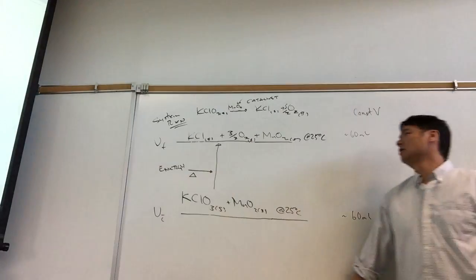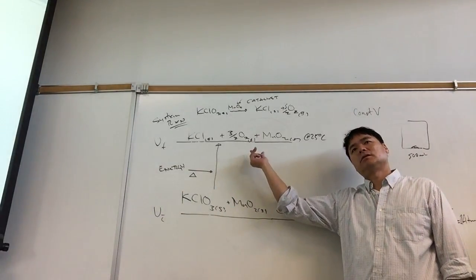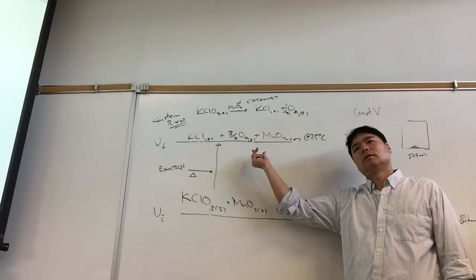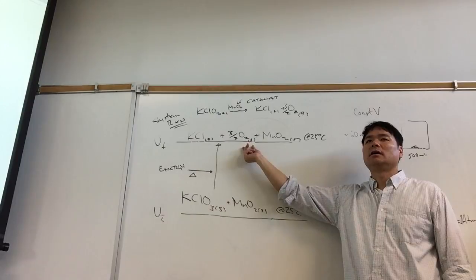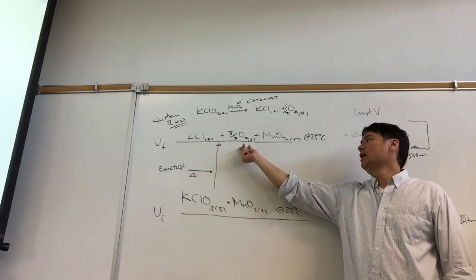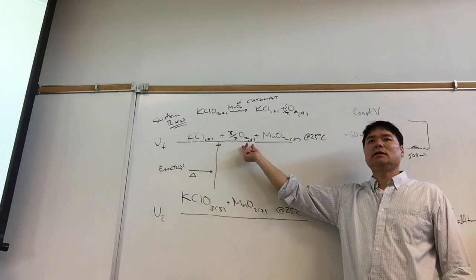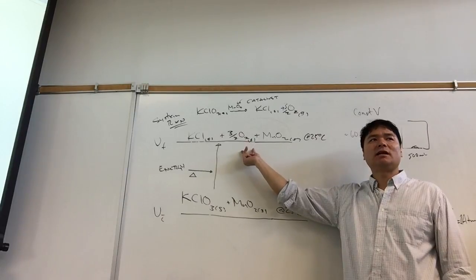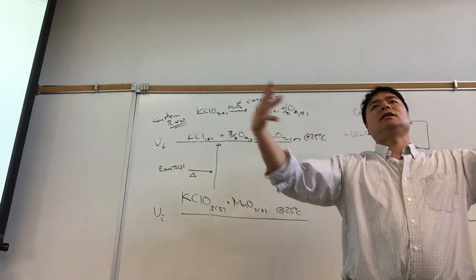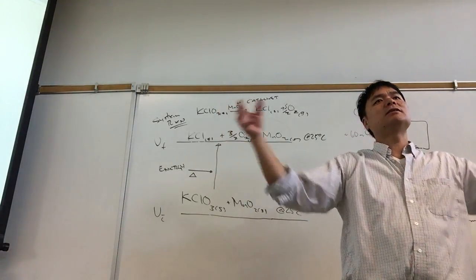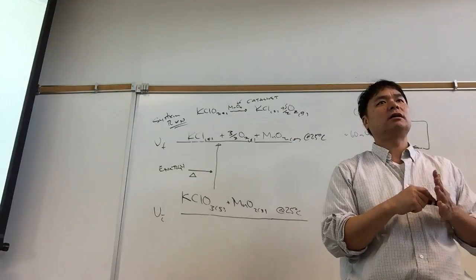Well, a mole of gas occupies what volume under normal conditions? 24.45, or just call it 25. So if a mole of gas is about 25 liters, then 1.5 moles would be about 37.5 liters, 38 liters. So under normal conditions, we should get 38 liters of O2 gas, but this is at constant volume.